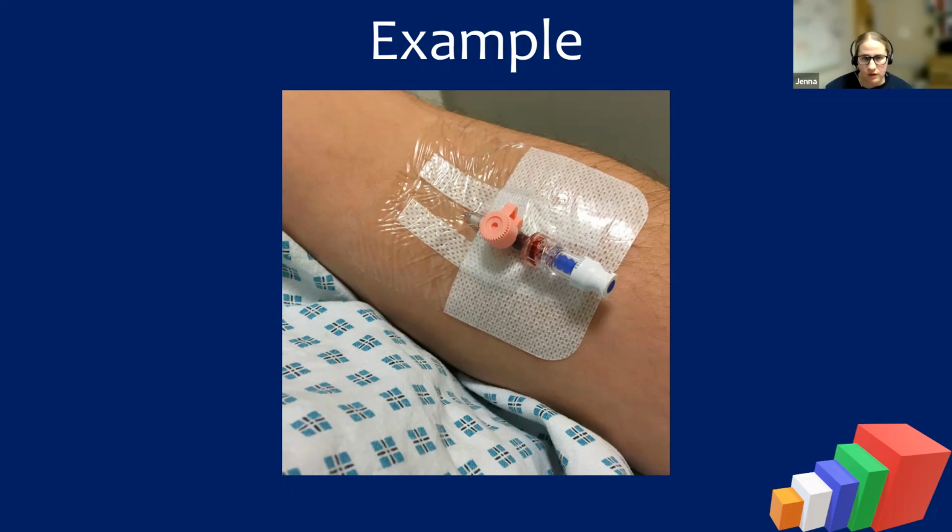So that's a post-event control. We can keep an eye on the actual site to reduce the consequence if infection starts to occur, because as soon as we identify any redness, we can take the cannula out and hopefully prevent an infection from occurring.